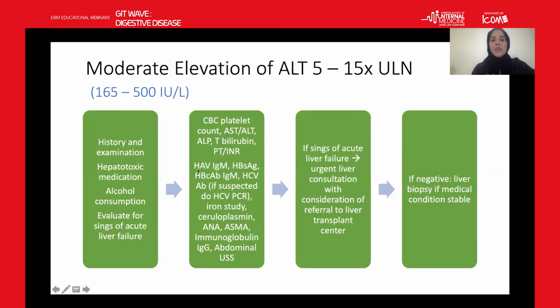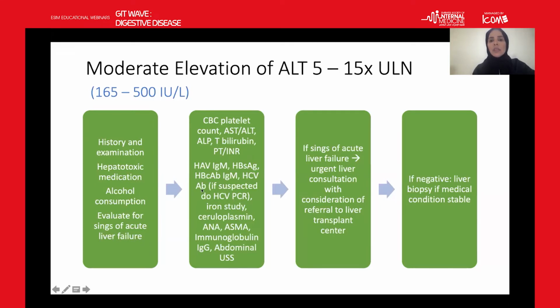And you look for any acute viral hepatitis: hepatitis A virus IgM, and we look for hepatitis B acute viral infection. So you send hepatitis B surface antigen, and you send hepatitis B core antibody IgM. And you send hepatitis C antibody.